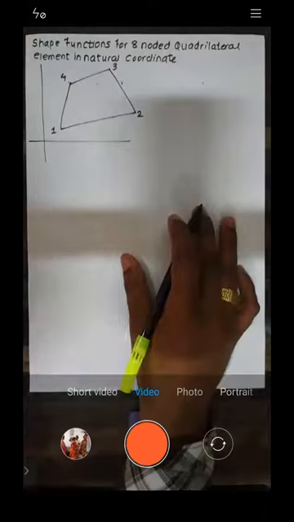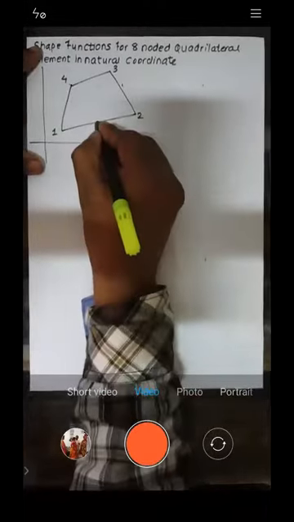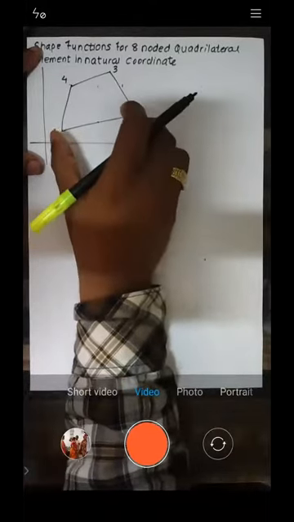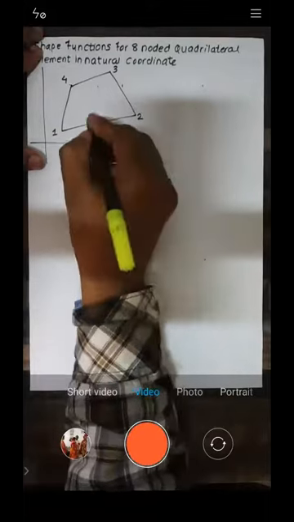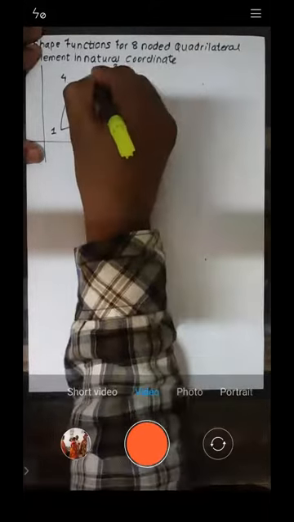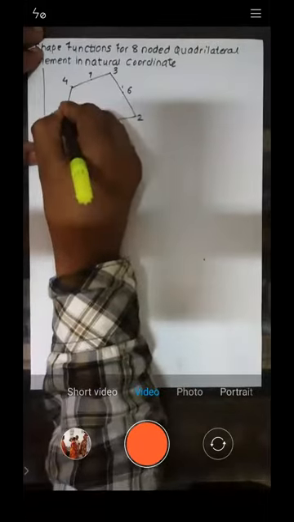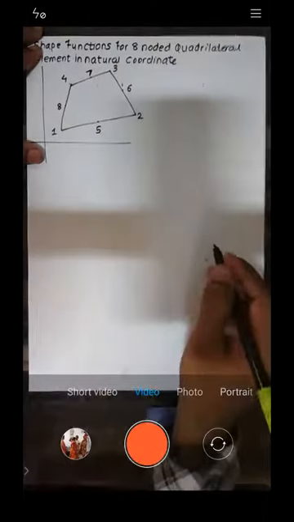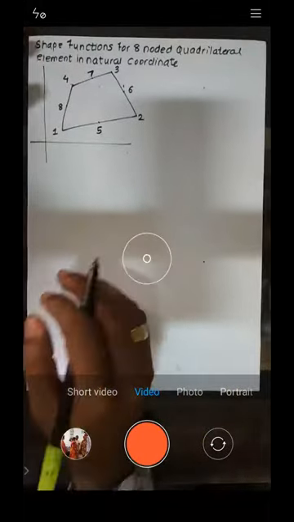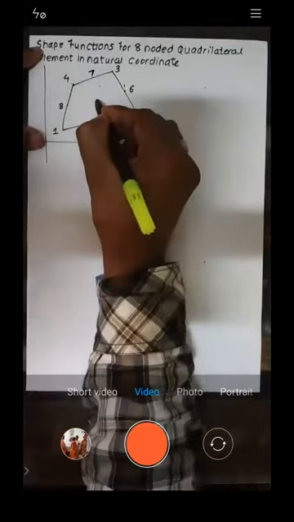I need to make it 8-noded, so I will add nodes at the midpoint of every side. Let this be 5, let this be 6, let this be 7, and let this be 8. This is 8-noded, right? If you want to add one more node and make it 9-noded, you can add one node here in between.